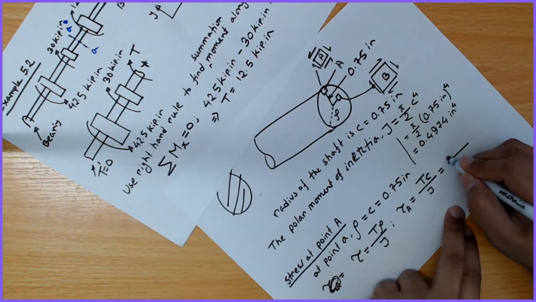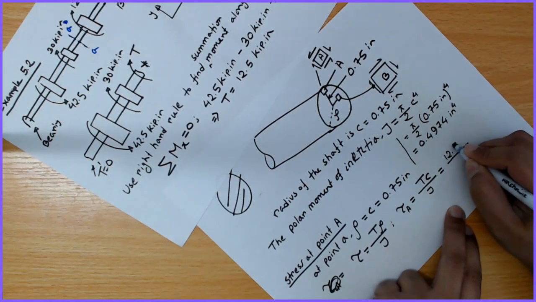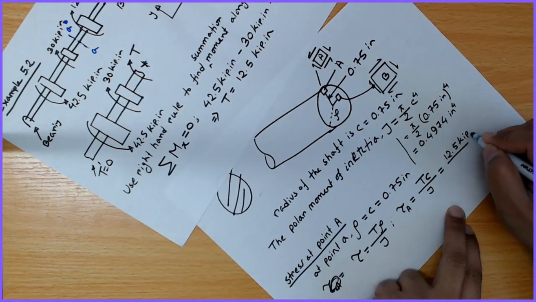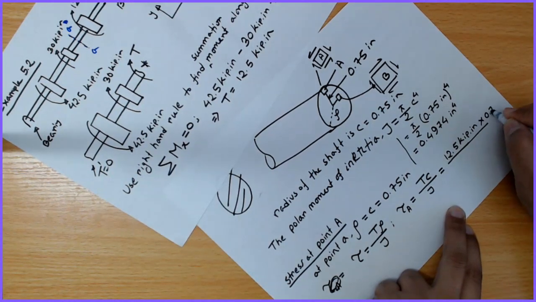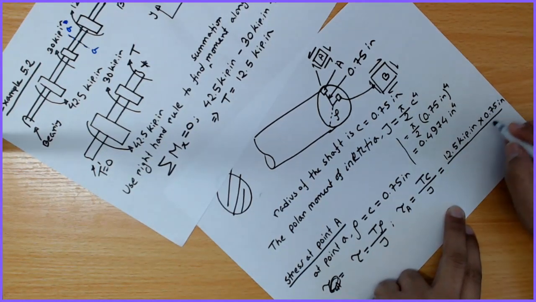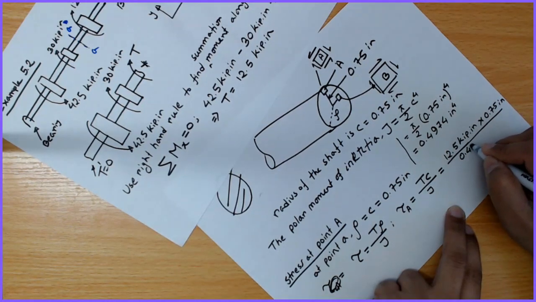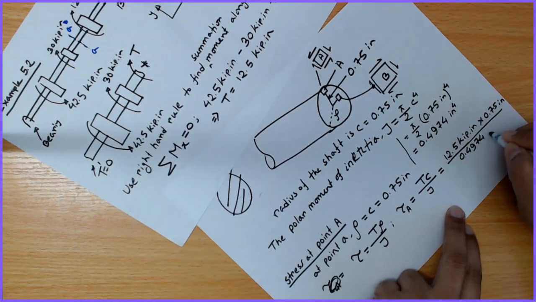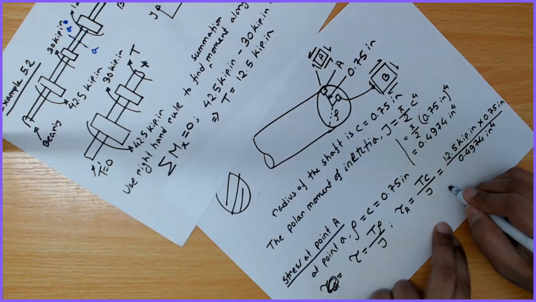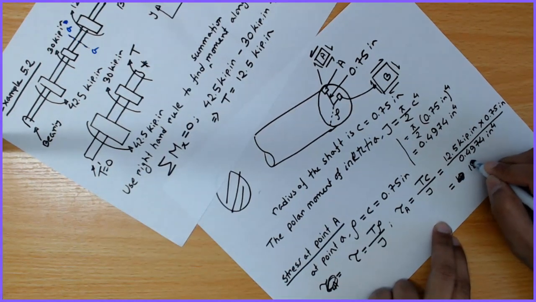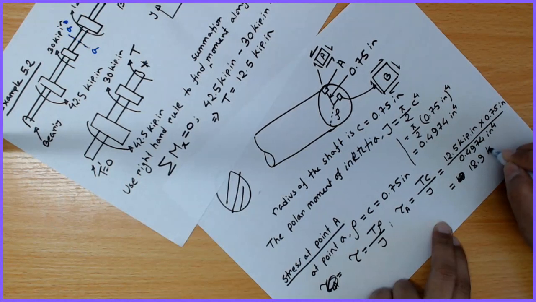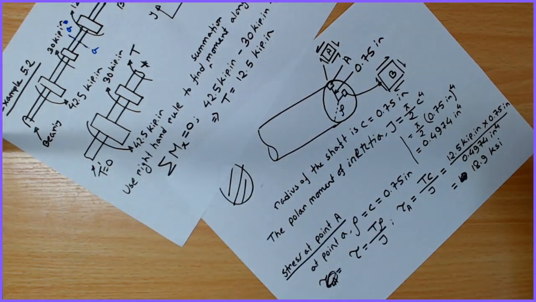That means 12.5 kilopound inch multiplied by 0.75 inch divided by 0.4974. So if I calculate correctly, the result is 18.9 KSI. Okay.